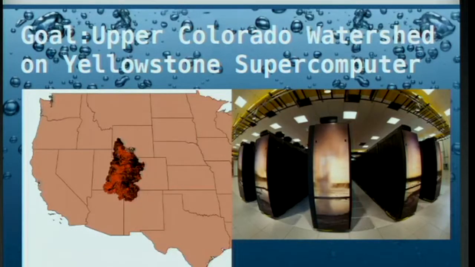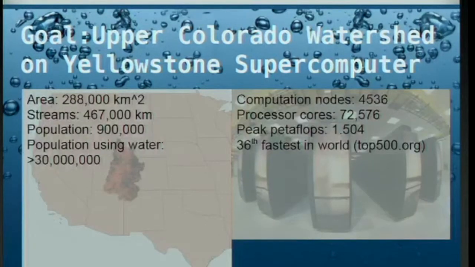That's actually not a polygon. That is lines. Those are all of the streams. But the stream network is so dense at that scale, it basically covers everything. So the upper Colorado watershed, almost 300,000 square kilometers of area, almost 500,000 linear kilometers of streams.